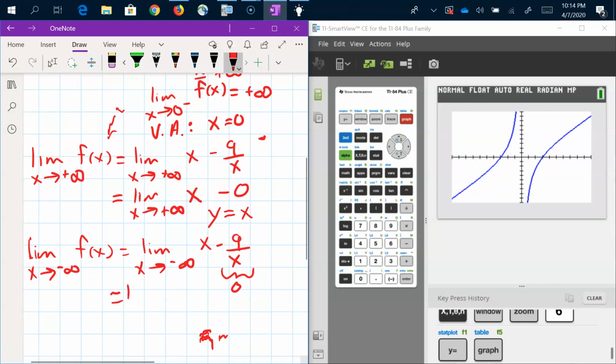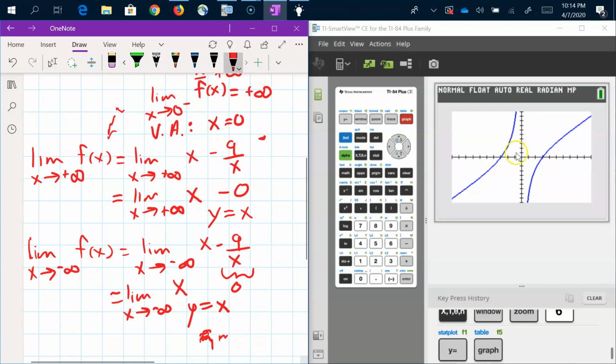So this will be the limit as x goes to minus infinity of just x, which of course will go to minus infinity. But this is going to look like, from a function point of view, y equals x. Again, looking at the graph over here, as x tends toward the left or goes towards minus infinity, it's looking like a straight line y equals x here. And so here the limit at infinity will go to negative infinity.